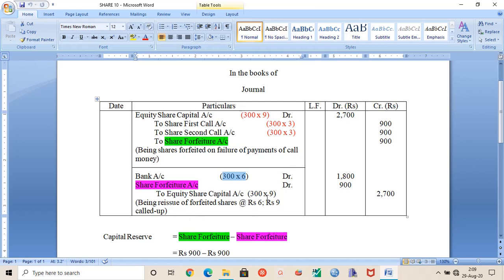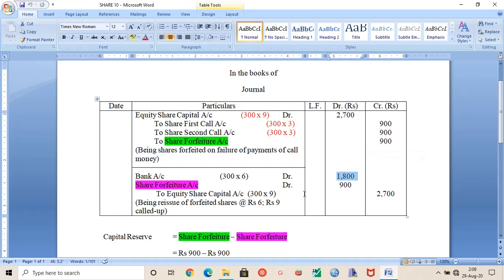Now you can see the difference here. Shares were actually called up to rupees 9, and if the shares are reissued below this price, and this 6 is below 9, it is smaller than rupees 9. In this case, we have to balance it somewhere: on the credit side we have 2700 and on the debit side we have 1800.